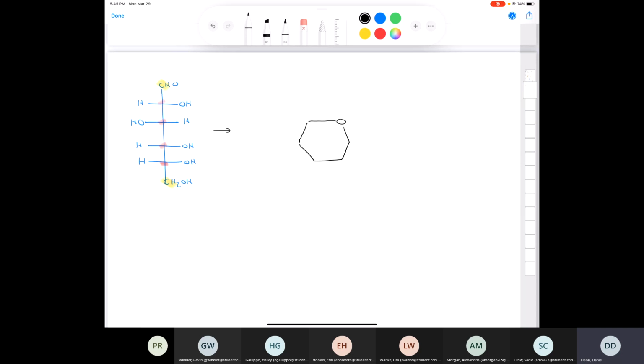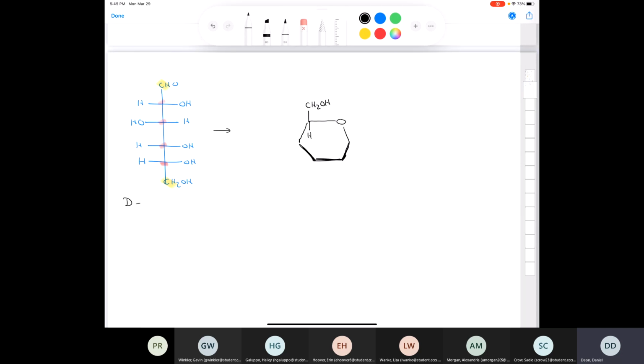Now, if you look at your textbook, they shade in these bonds down here at the bottom to try to give you a 3-dimensional view of it. But you might remember that I told you that you have to remember that, and you have to draw this CH2OH pointing up at the top, and then you have to draw this carbon down here.